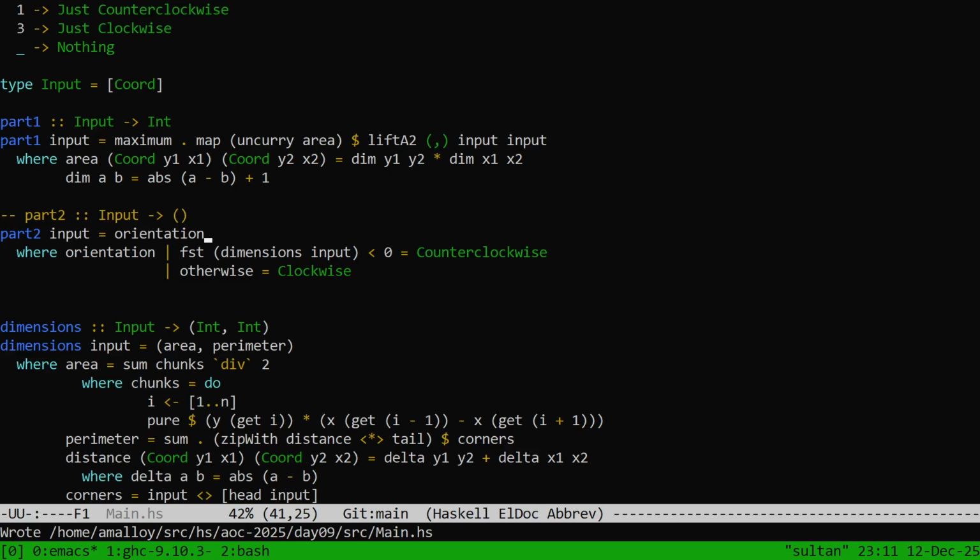That means this is outside the shape. But I don't want a single data structure that contains green and red and black tiles, because I don't think I ever need those.